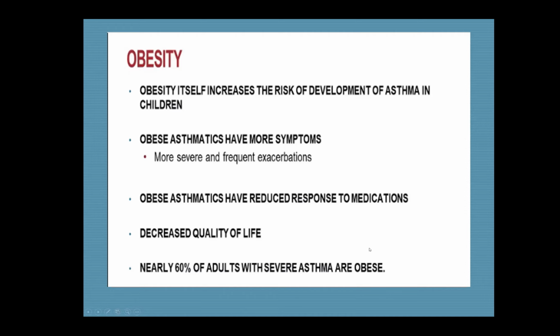So what do we want to do? We want to deal with the obesity. We really want to talk to our patients who have asthma about how we can help them lose weight. And what we've been doing in clinic also is referring them to endocrine, because we've been getting some of them on semaglutide and these drugs that are helping with weight loss.